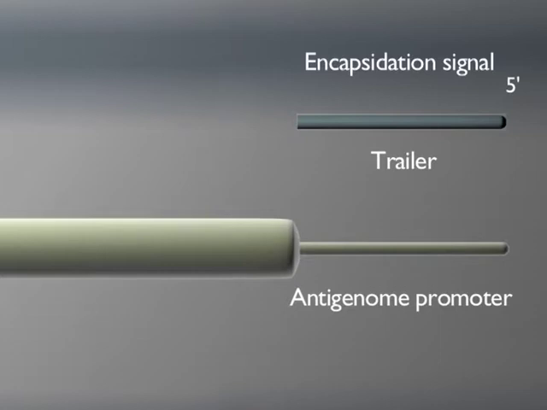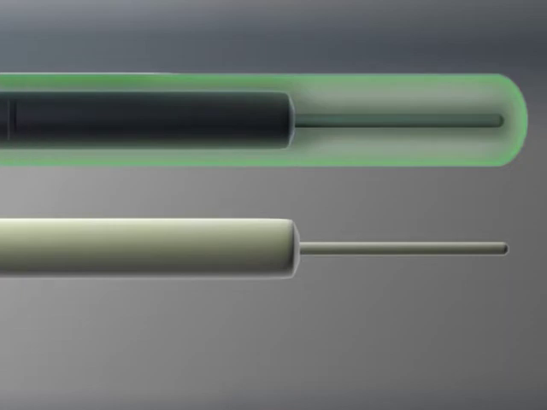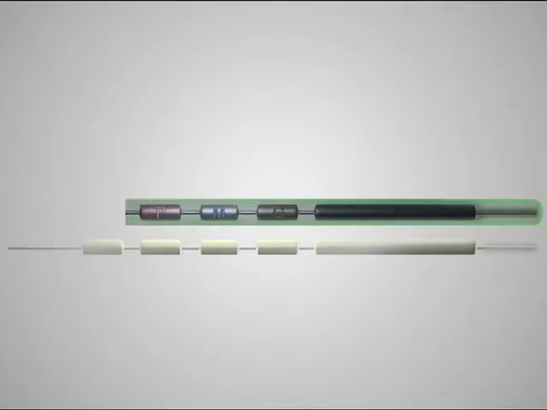Provided that there is enough N protein around, the encapsulation signal at the 5' end of the trailer will give the order for the encapsulation and elongation of the trailer. The result is a full-length encapsulated minor-strand RNA identical to the original genomic sequence.